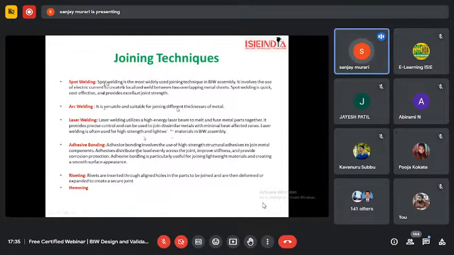Because of this, the force transfer happens from all over the part. It provides good strength, and when we use adhesive bonding, we can try to reduce the number of spot welds. Also, adhesives are light in weight.